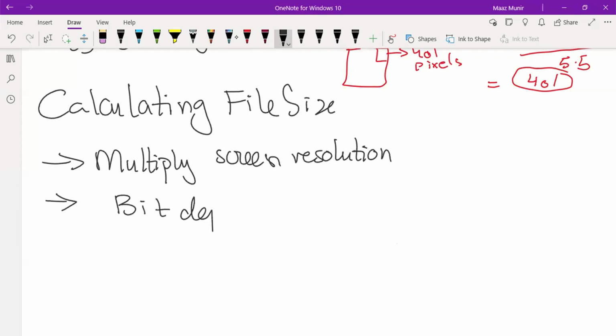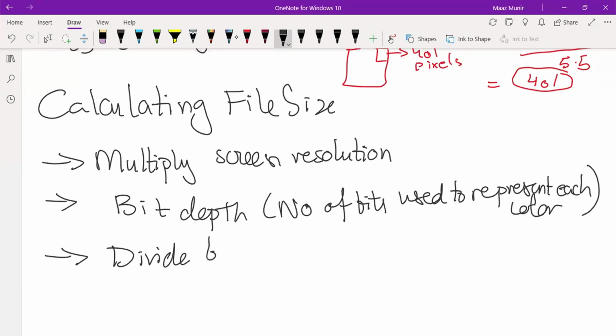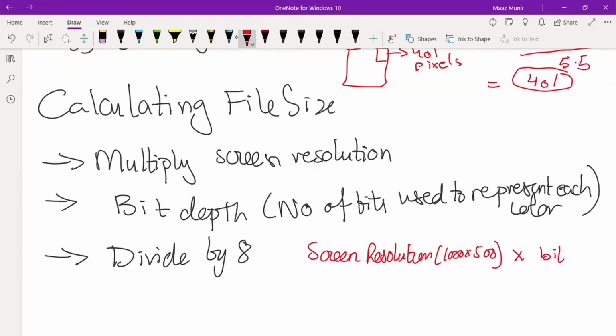Bit depth basically means number of bits used to represent each color. And in the end, we usually divide by 8. This is the common equation, let me write it up here: screen resolution answer, which would be something like, let's say, 1000 multiplied by 500, multiplied by your bit depth and then divided by 8.